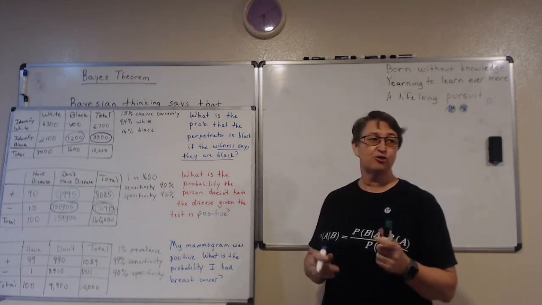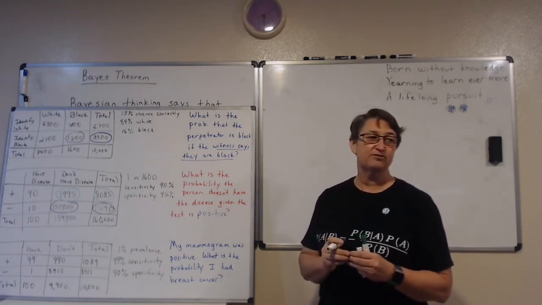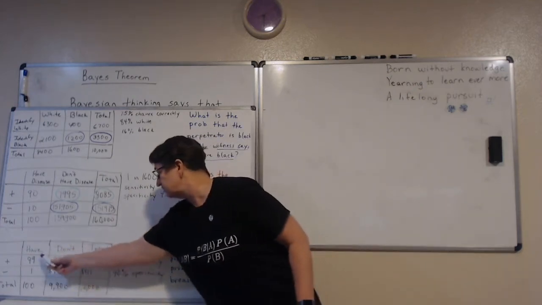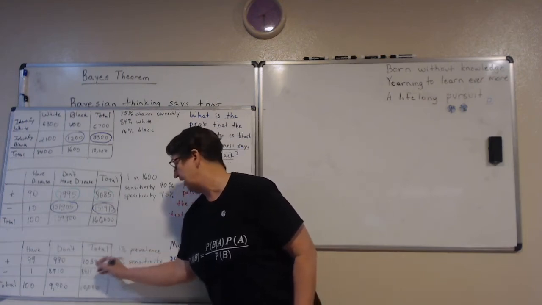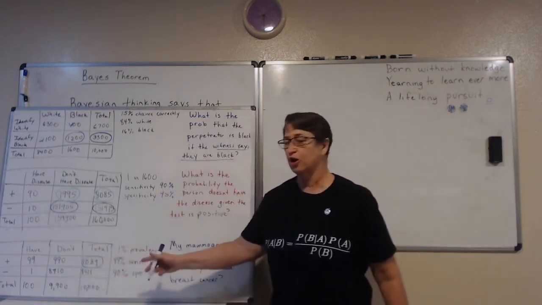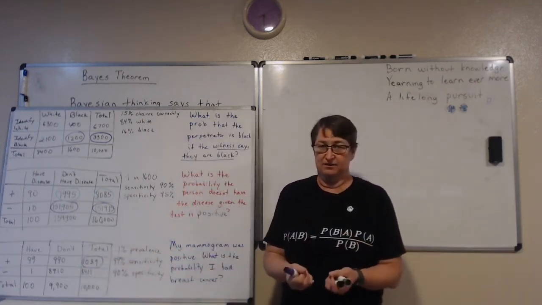Yeah, exactly, those positive tests. So I'm only looking at the positive tests, so my denominator is going to be the 1,089. You're exactly right. I'm one of those 1,089 people that got a positive test.